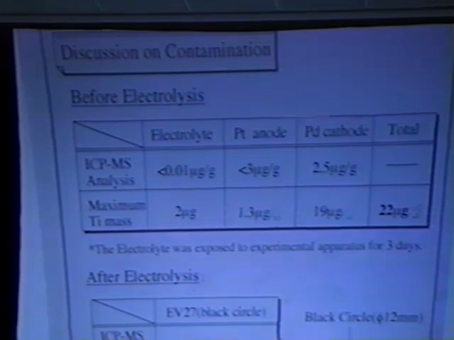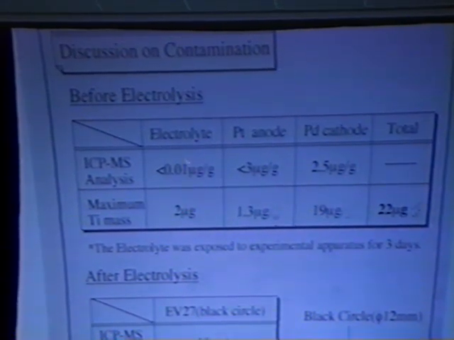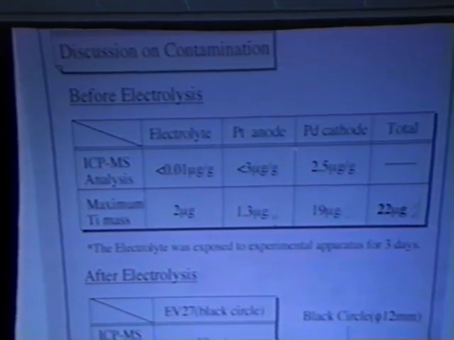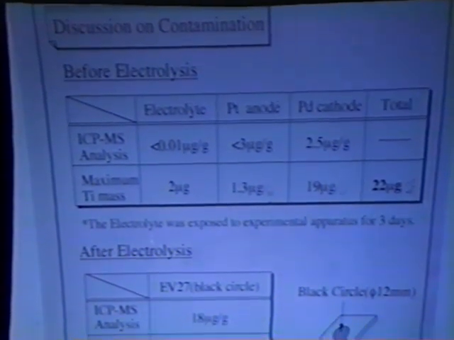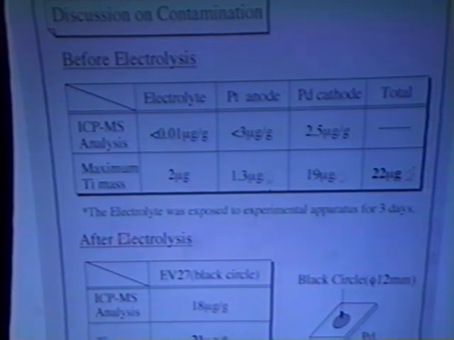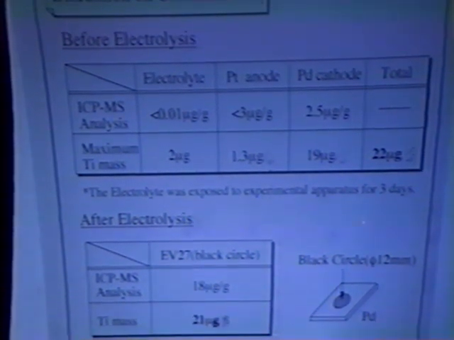Before electrolysis, we analyzed the electrolyte, platinum anode and platinum cathode, and we estimated the maximum titanium mass in the experimental apparatus, 22 micrograms.